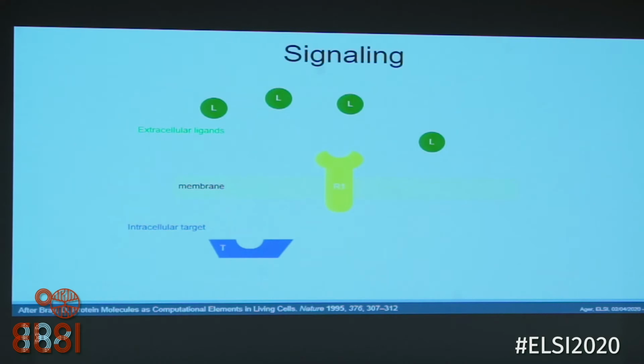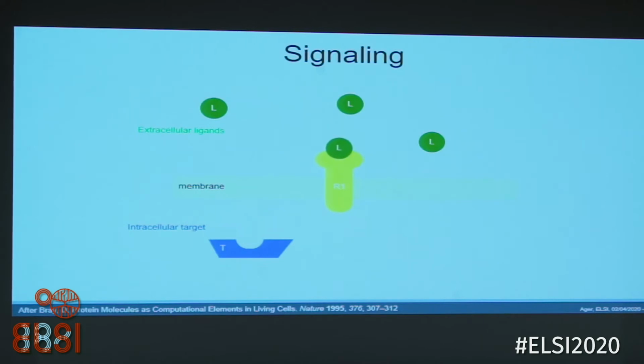So let's start with signaling, and I'll show a very interesting proposition from now 25 years ago from Dennis Bray in a pretty well cited Nature paper. Here's a simple case of a membrane with a receptor, ligands on the outside, and an intracellular target on the other side.